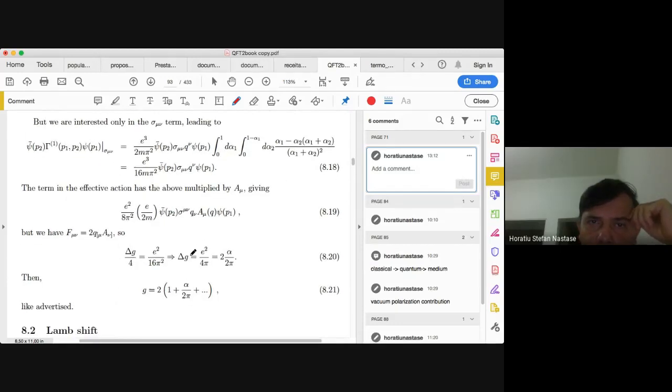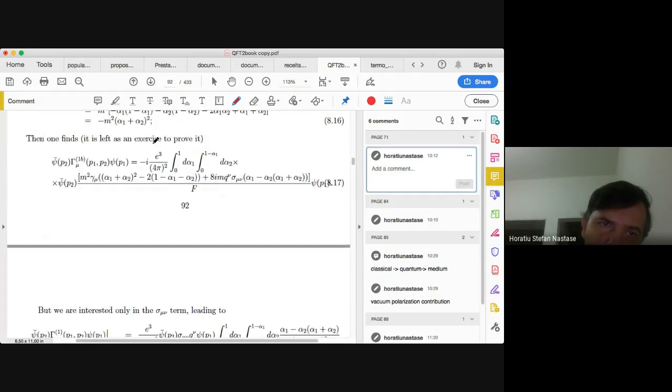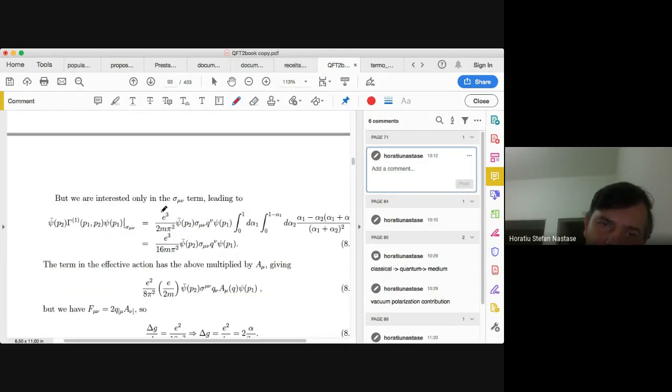So the term that we're interested in becomes this simple integral over alpha that you can calculate, gives some number. And then psi bar sigma mu nu q nu psi multiplied with, so the coefficient is what you expect to be e cubed over 4 pi squared multiplied with some other number.